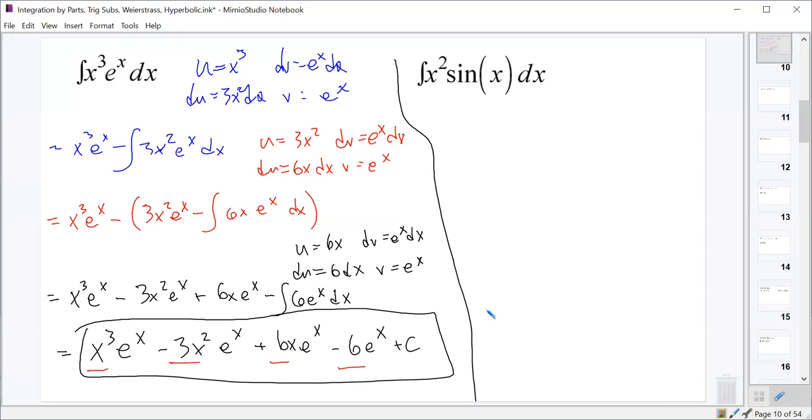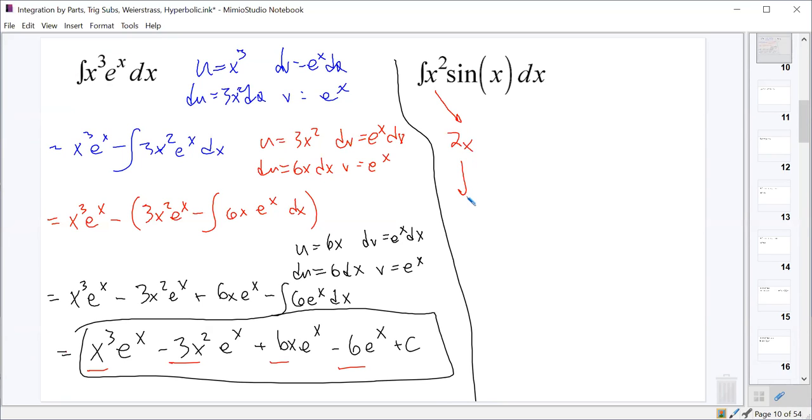And so there's this really cool pattern that forms anytime you have an integration by parts where one of the terms can differentiate down eventually to 0. For example, on this next one, what's the derivative of x squared? 2x.